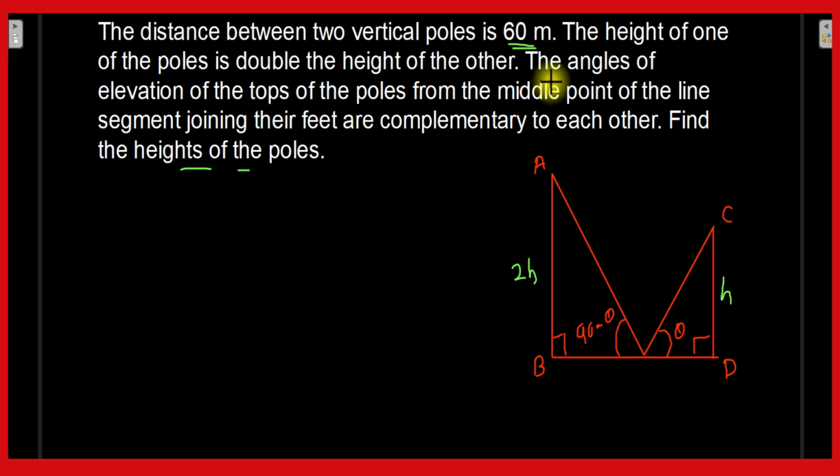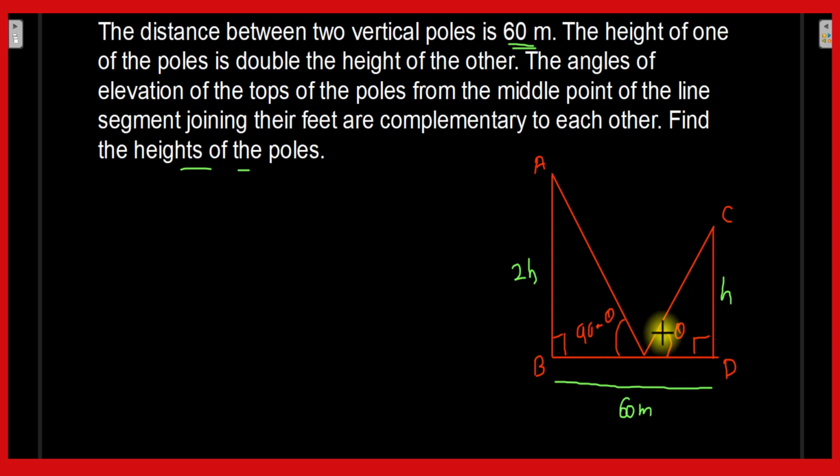The angles of elevation of the tops of the poles from the midpoint are taken. So this is the midpoint, and the distance between the two poles is given as 60 meter. From this point the angles of elevation of the tops of the poles are complementary to each other.